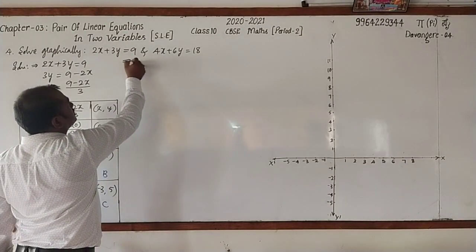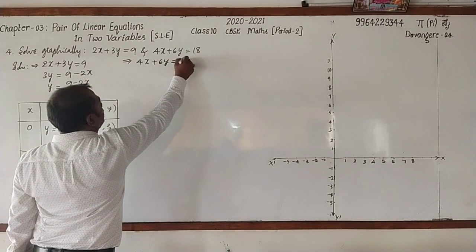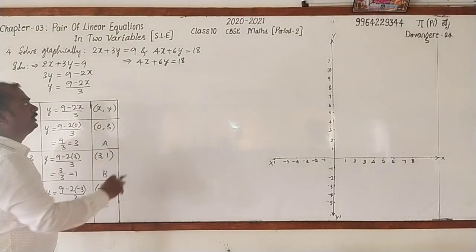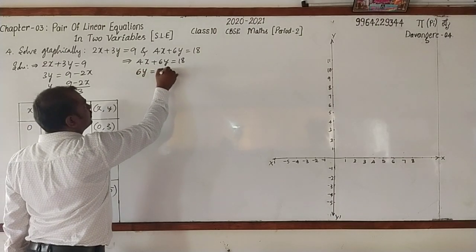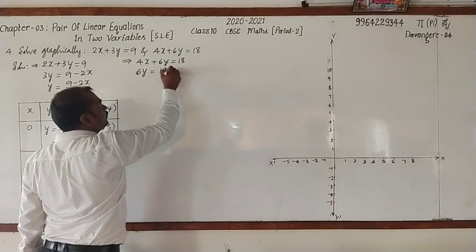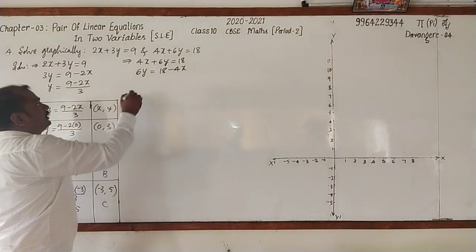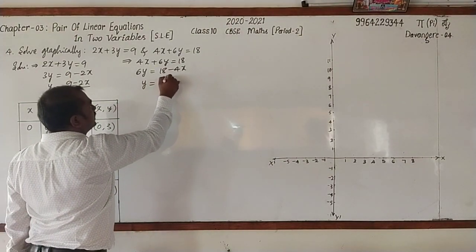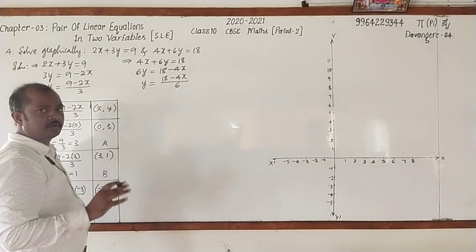The second equation is 4x plus 6y equal to 18. Here also we should find out y. So 6y is equal to 18 as it is. Transfer 4x to the right hand side, it becomes minus 4x. Then solve y. It is 18 minus 4x by 6. Got it?